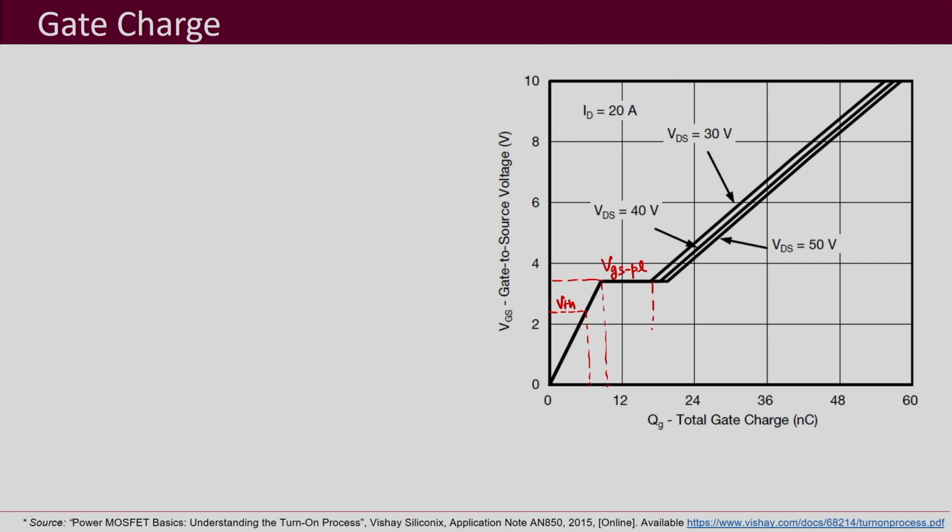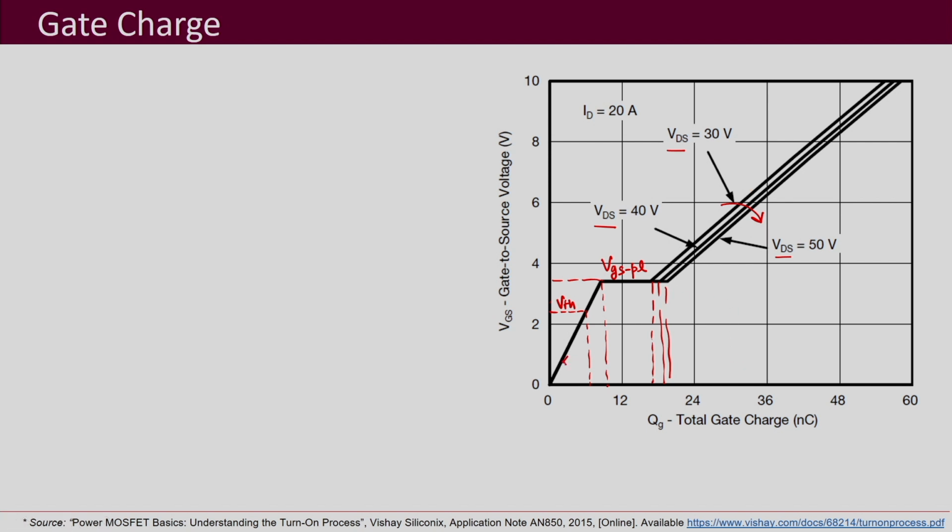After that, depending on the VDS voltage of the MOSFET, the Miller plateau region may change and it may increase. As your VDS increases, it has some effect on how it charges in the fourth interval.